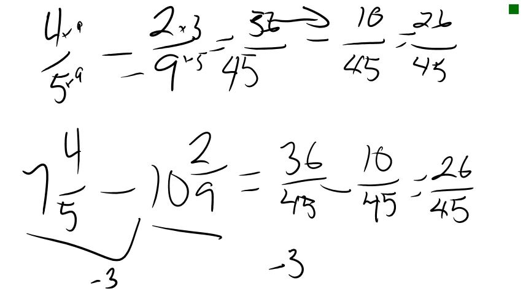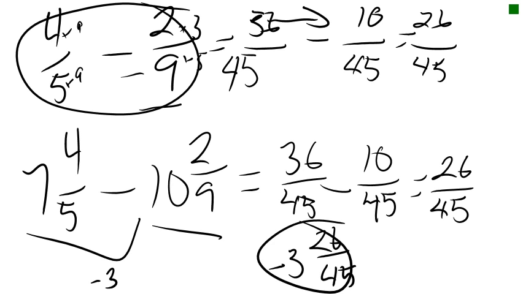So it'll be negative 3 and 26/45ths. And so again, all I did was take the fractions from up top and apply them here. We got a common denominator of 45. Then subtract straight across, keeping our denominator the same. That's it.